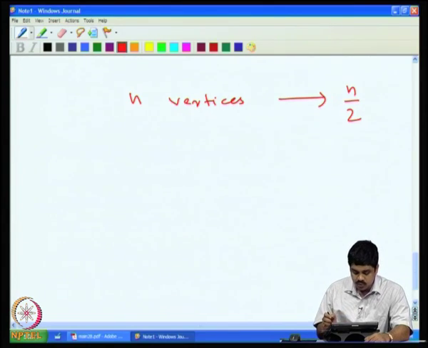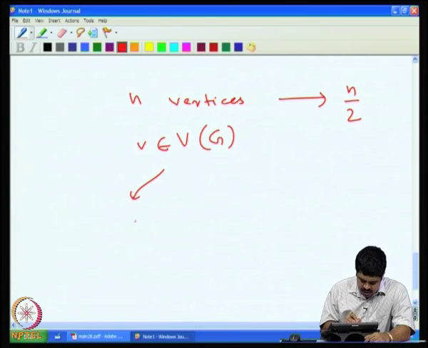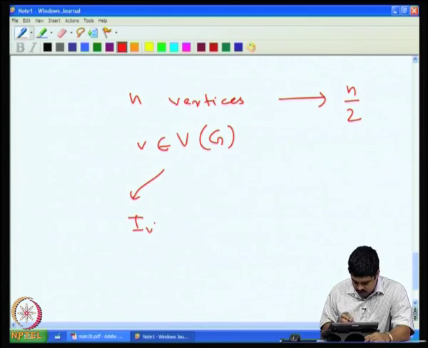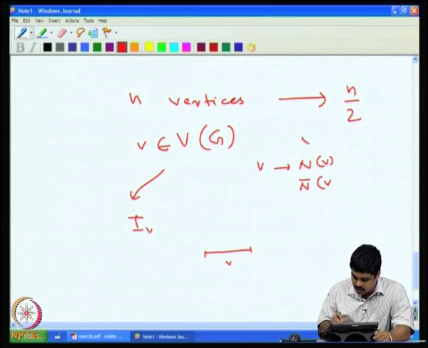What we can do is, for each vertex v of the vertex set of G, we construct an interval graph Iv like this. We associate an interval for v, and v has some neighbors, let us say N(v), and some non-neighbors, N bar of v. The union of v, N(v) and N bar of v gives you the total vertex set.